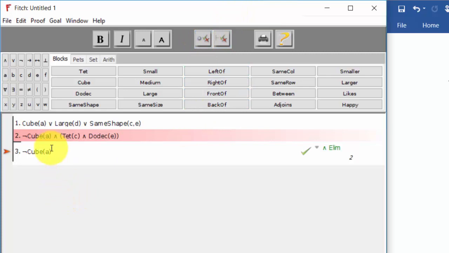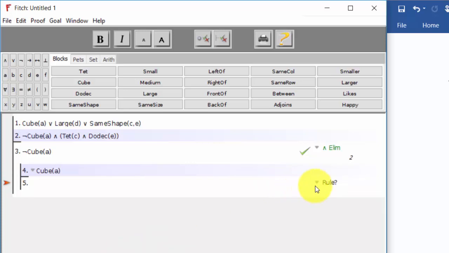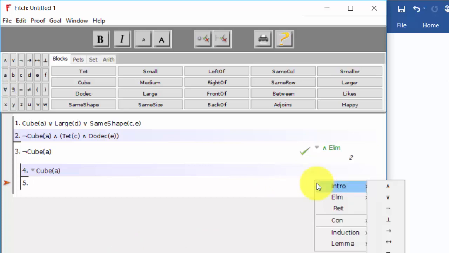And then I pointed out that the fact that A isn't a cube means that this disjunct must be false. So that was one of our options. And the way that we can think about showing that disjunct as being false is by pointing out that they contradict one another.